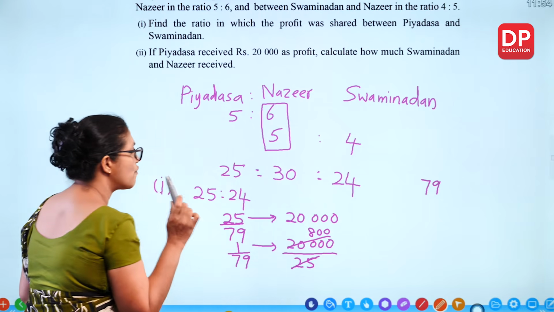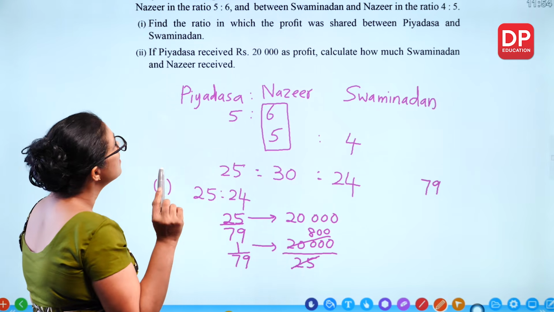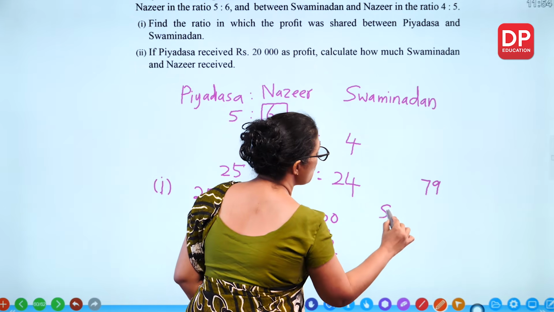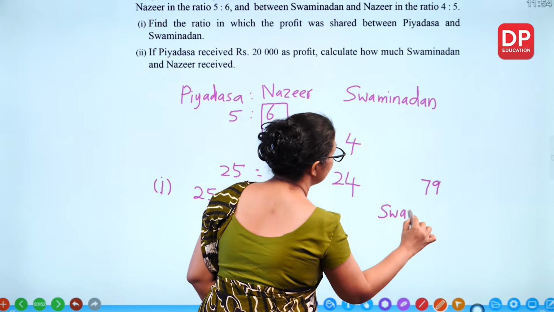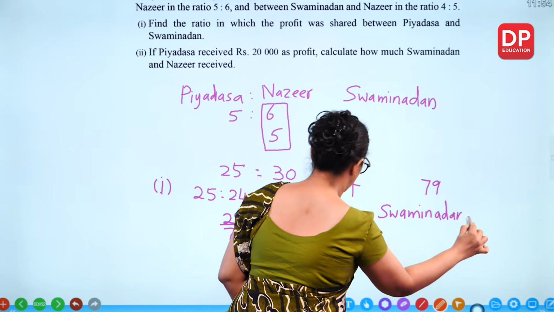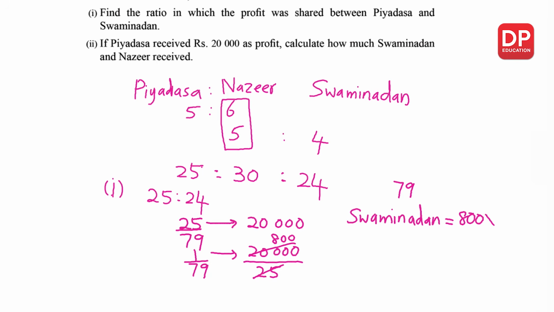So 800 for one part. So what's the amount that Swaminathan received? 800 times how many parts? 24 parts.